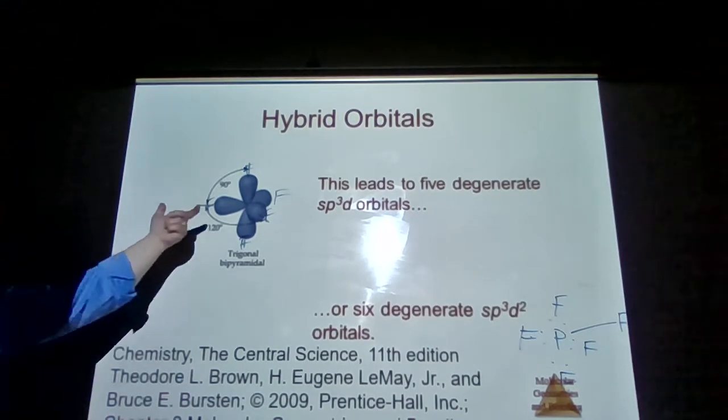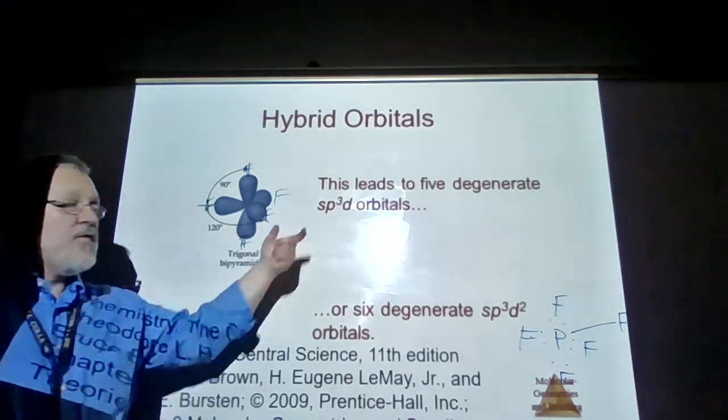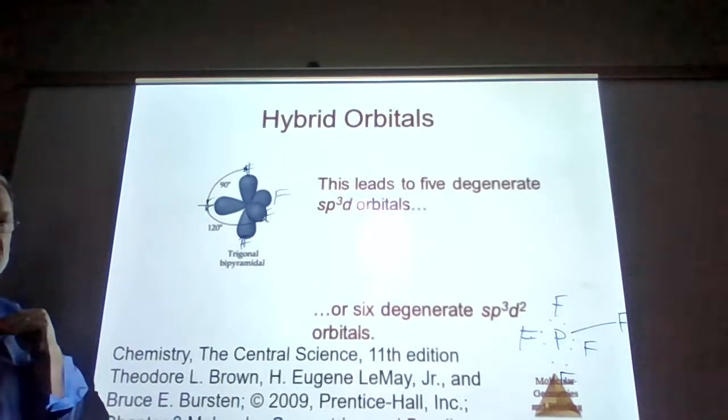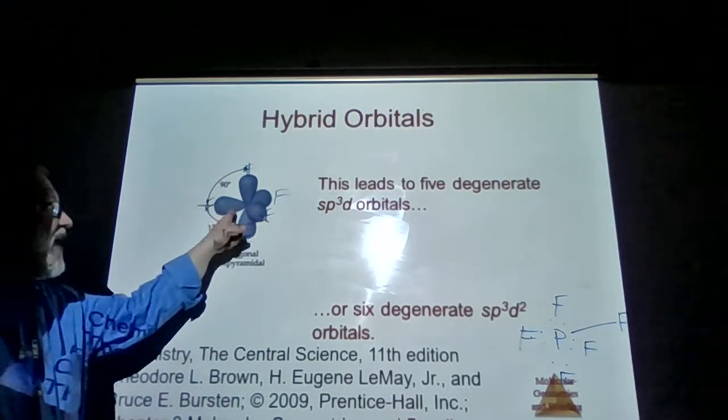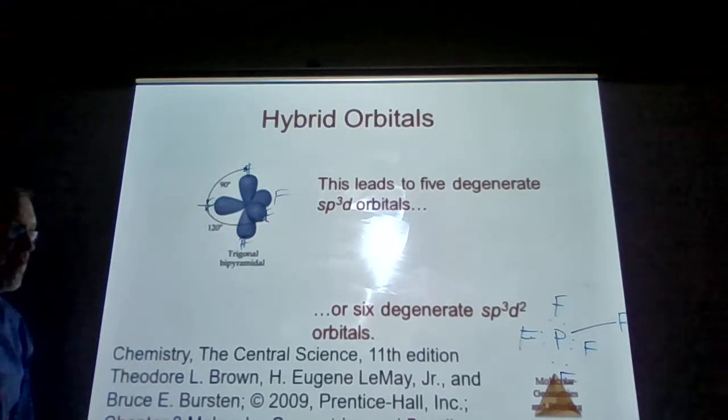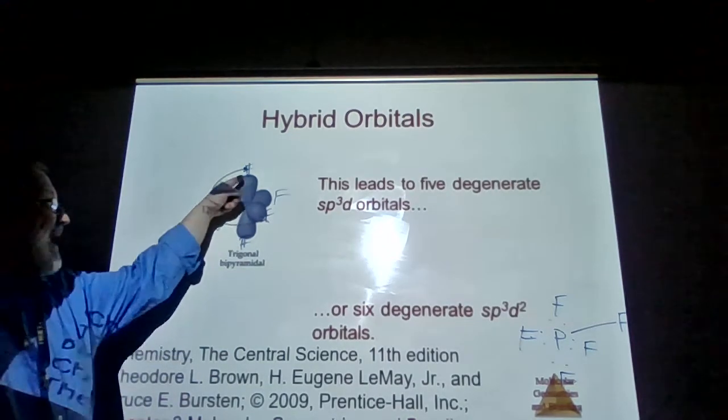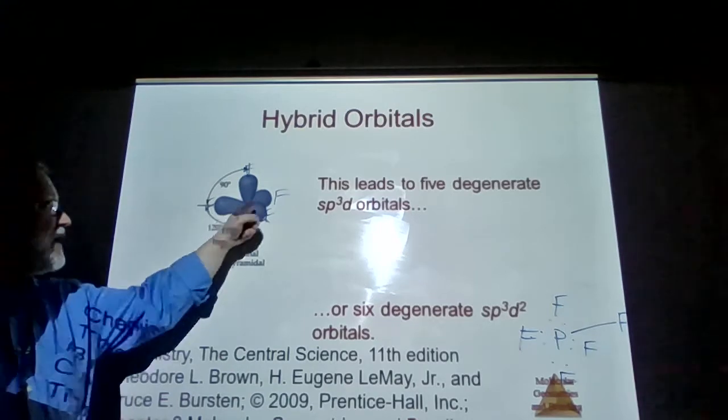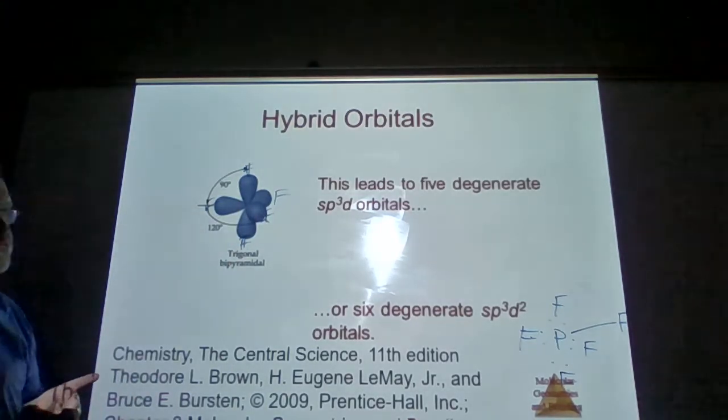Since each orbital is identical to the other, they are degenerate, same energy level, but 5 atoms are arranged around that center element. 2 are axial to one another, and 3 are equatorial to one another.